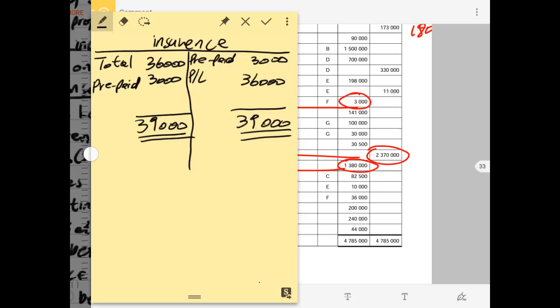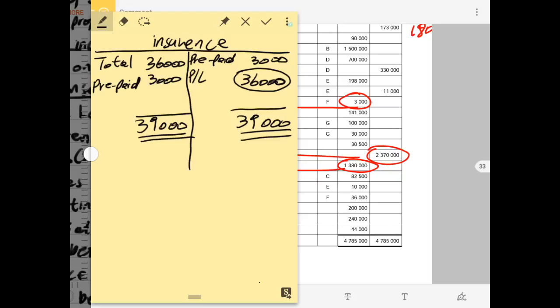Remember, if you wanted to determine the profit and loss of 36,000 rands, you could have just said 36 plus 3, 39, minus 3,000, which we were told that's prepaid. That will give you 36,000 as the insurance for the full current year. Or you can just say 3,000 times by 12, you get to the same amount.